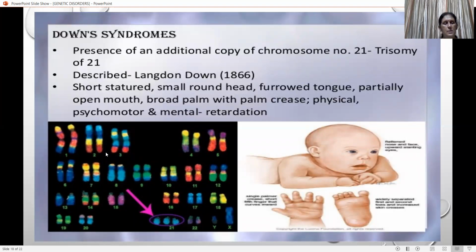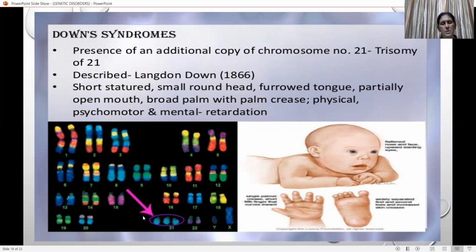Here in the chromosome number, first, second, third pair, fourth, fifth, 6, 7, 8, 9, 10, 11, 12, 13, 14, 15, 16, 17, 18, 19, 20, up to 20 it is normal, but at 21 an extra chromosome is present.